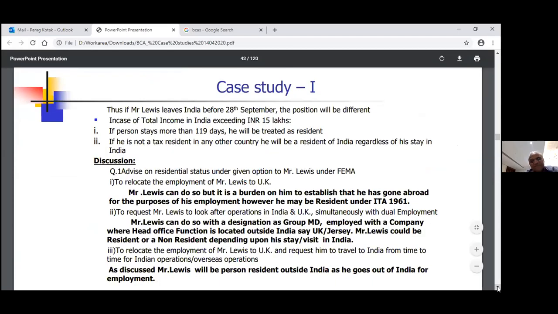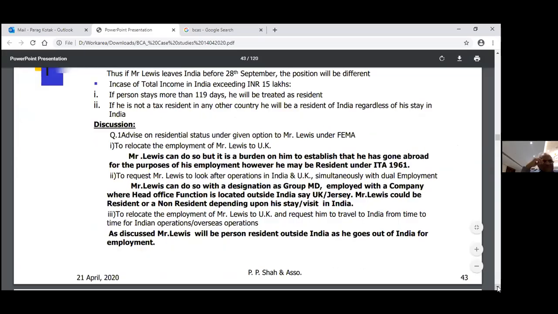So what will happen if both these arguments do not work in favor of Mr. Lewis and he is regarded as NOR in India?